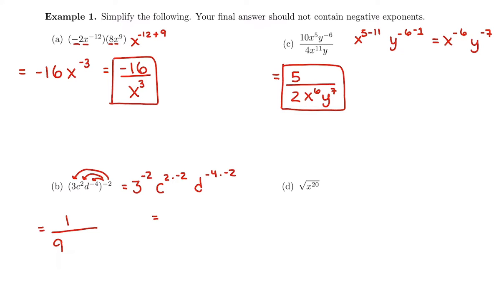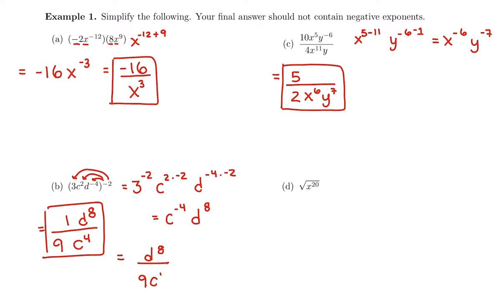A power to a power means multiplication, so it's going to be C to the 2 times negative 2 is negative 4, and D to the negative 4 times negative 2 is going to give me a positive 8. So that tells me I have D to the 8 in the top and C to the 4th in the bottom. Any negative exponent is going to go into the bottom. I could leave it like that, or we could just write D to the 8th over 9C to the 4th.